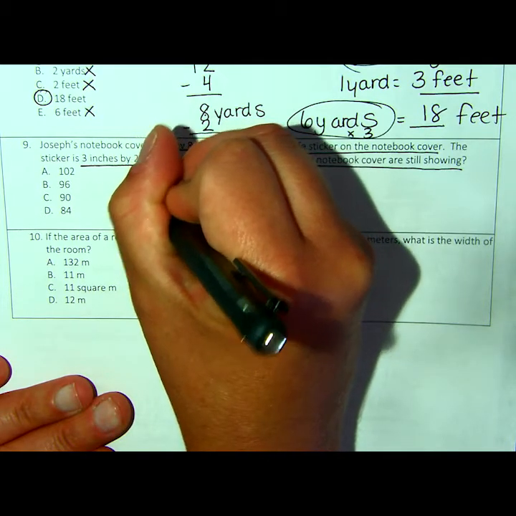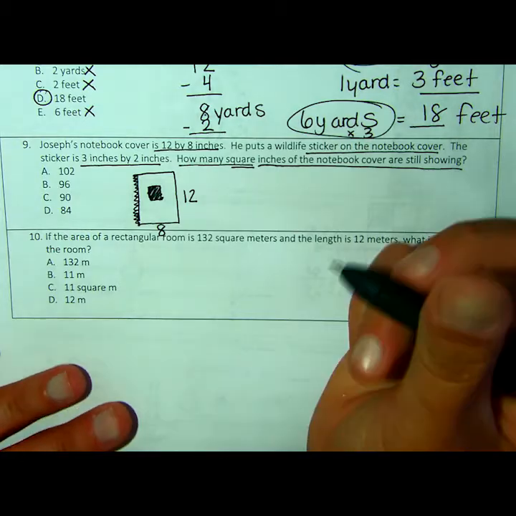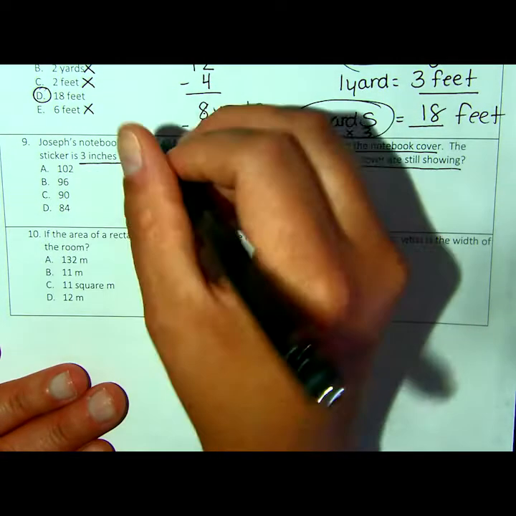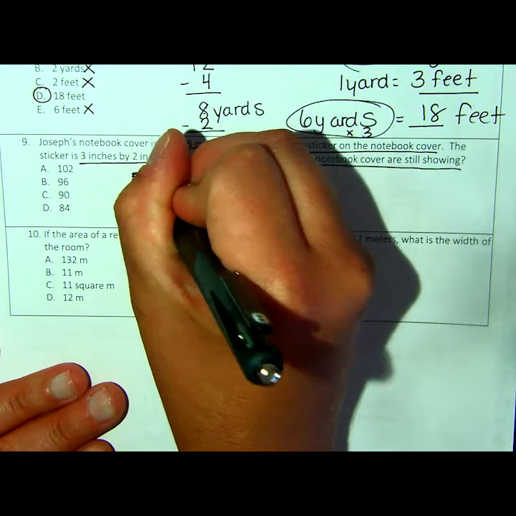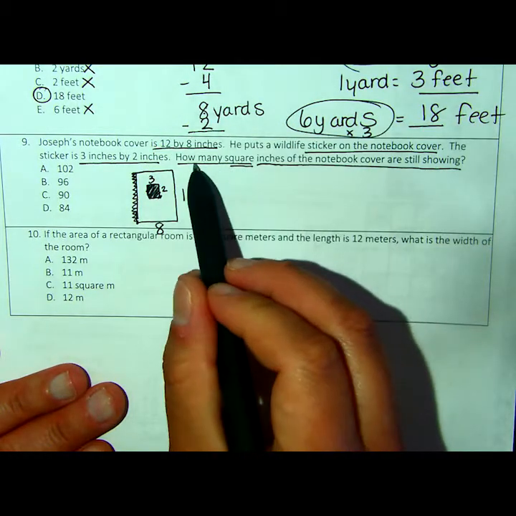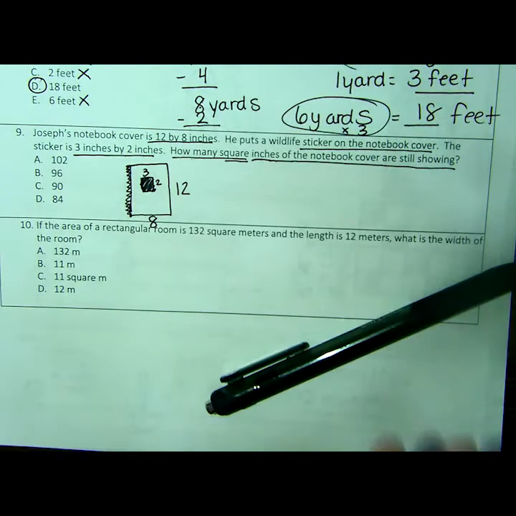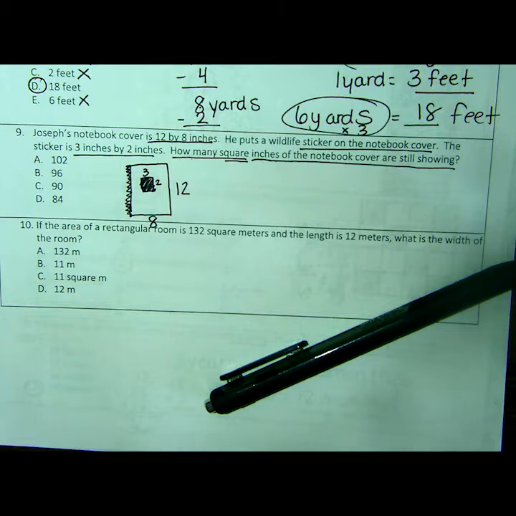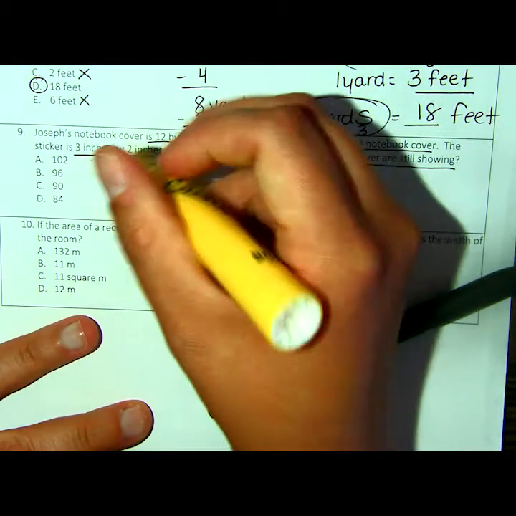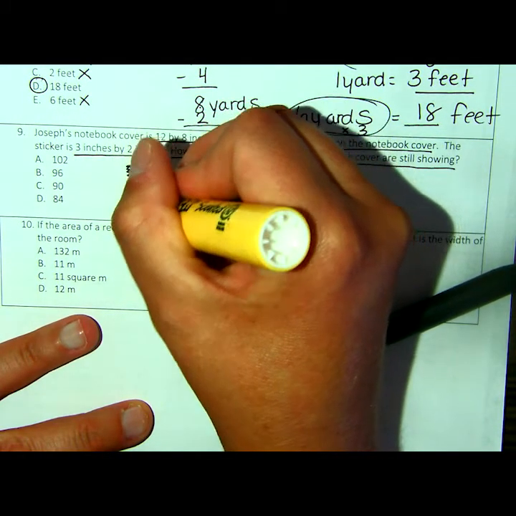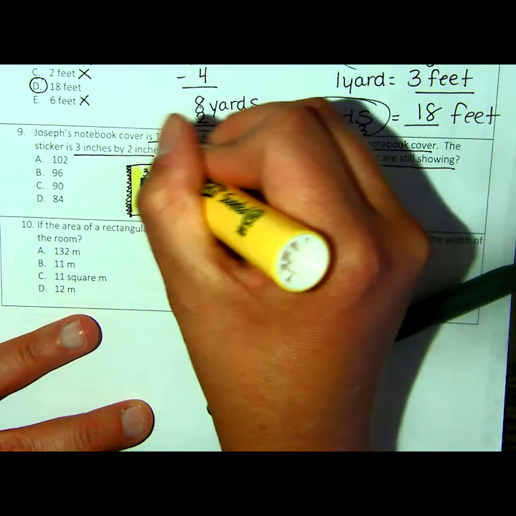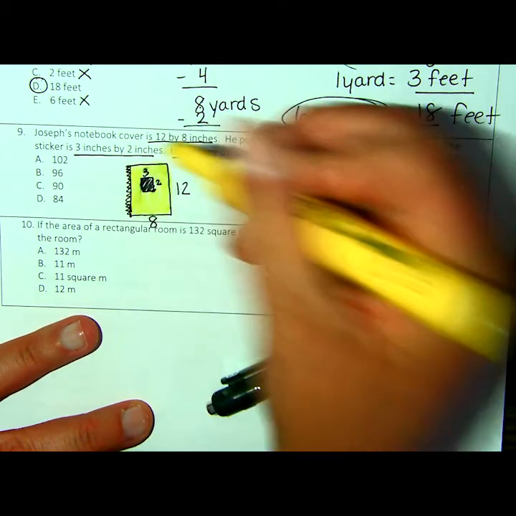So that's going to cover up or take away that much. And that one was 3 by 2. They want to know how many square inches of the notebook cover are still showing. So we have to figure out this remaining area right here without the wildlife sticker.